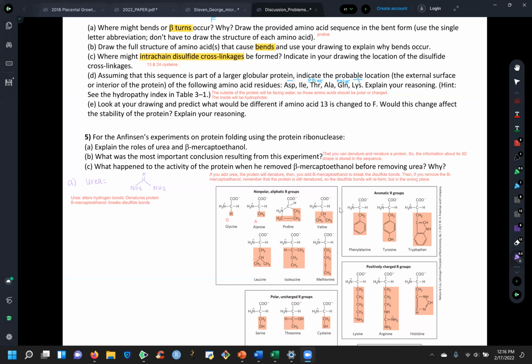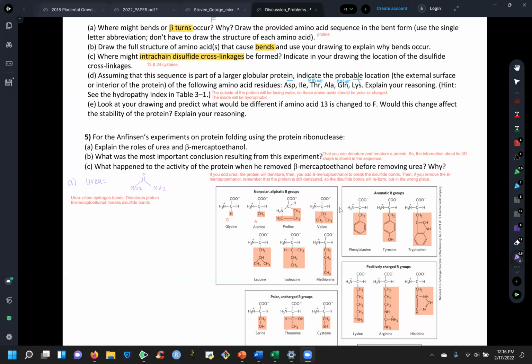So then you remove both. But you remove urea first, then beta-mercaptoethanol. So what's going to happen?